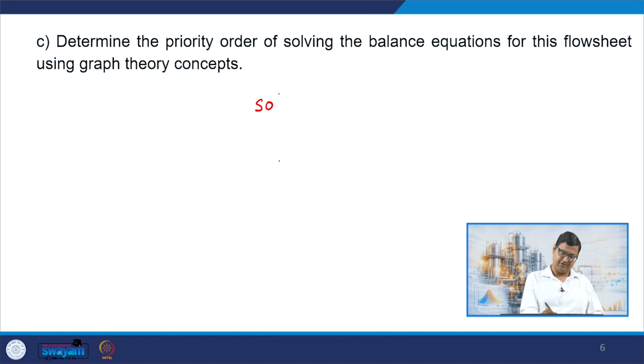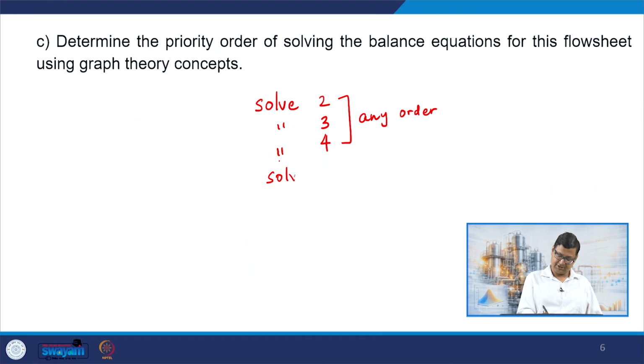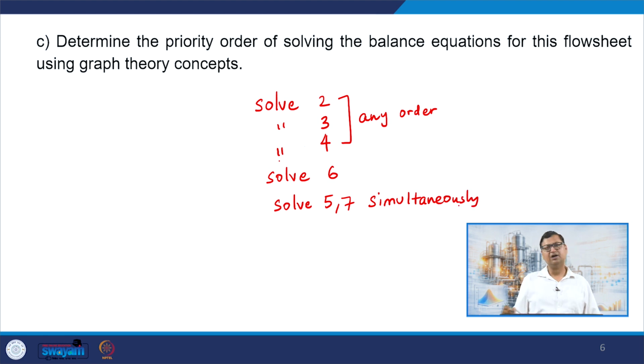So, we have figured out that we have to solve 2, 3 and 4, and we can do it in any order, and after that we can solve 6, and after that solve 5 and 7 simultaneously. That is the only order 2 cyclical net present there, and finally solve 1. So, we have got this priority order for this equation.